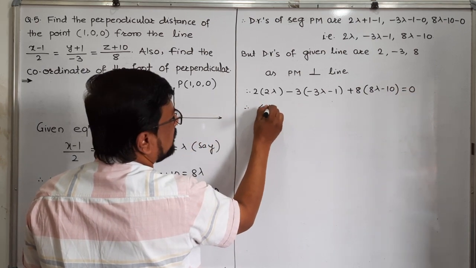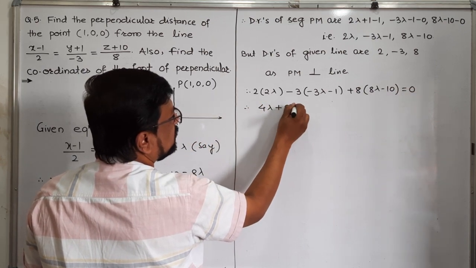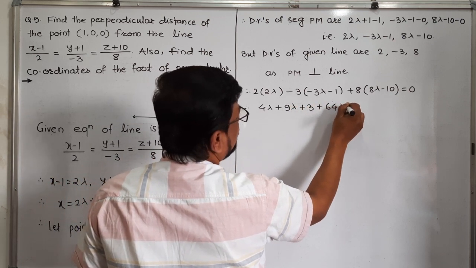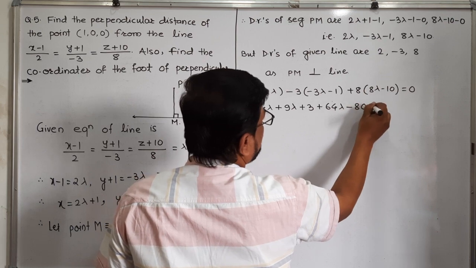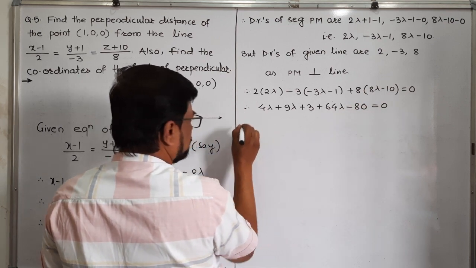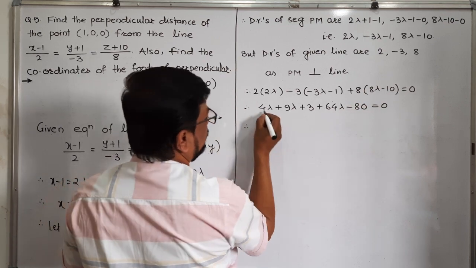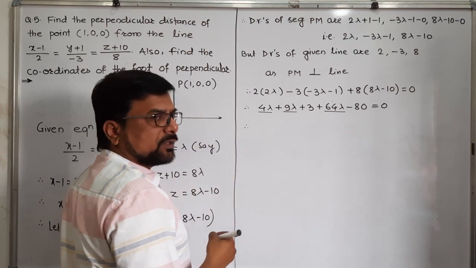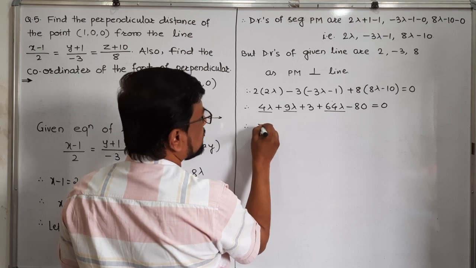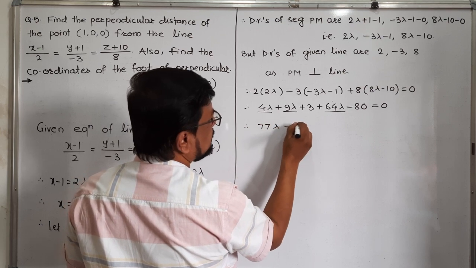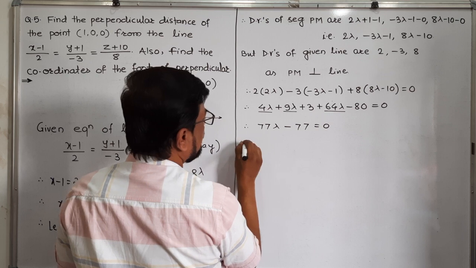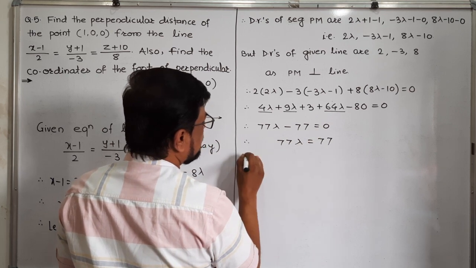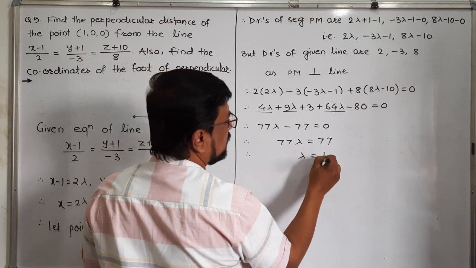Therefore 4 lambda plus 9 lambda plus 3 plus 64 lambda minus 80 is equal to 0. Adding 4 lambda, 9 lambda and 64 lambda gives 77 lambda minus 77 is equal to 0. Therefore 77 lambda is equal to 77. Hence the value of lambda is 1.